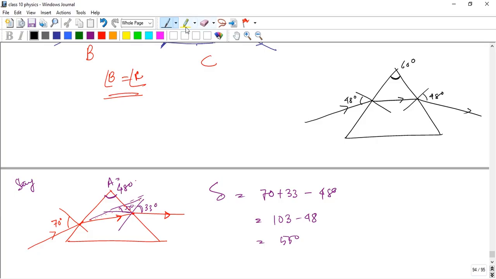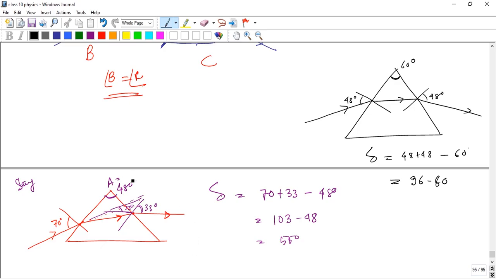So what is the value of delta? Delta is I1 plus I2, which means 2I2, so 48 plus 48 minus 60 degrees. In that case it's 96 minus 60.